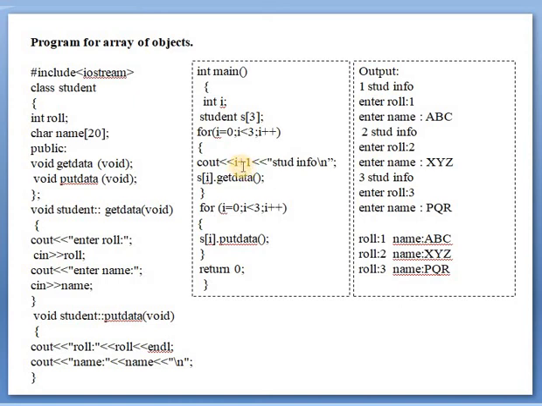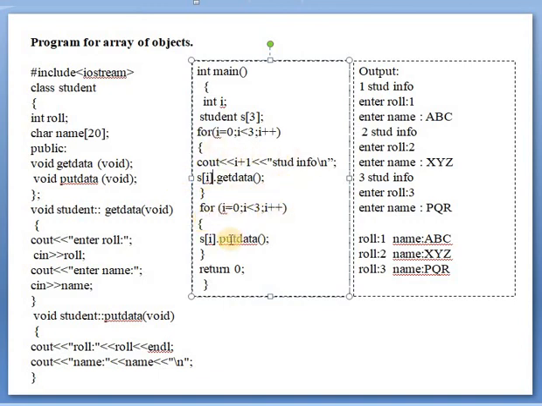Now see here, s of i dot get data. To access this member function get data, we require the dot operator and again the index, because it is an array of objects. It is used to get the information from the student.